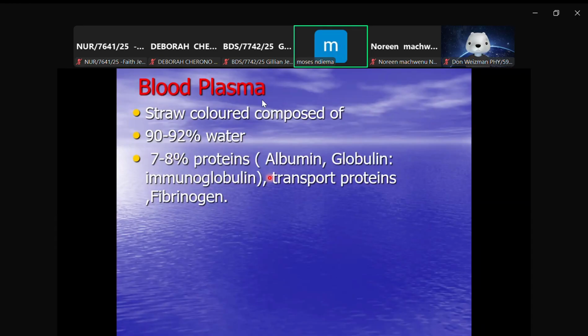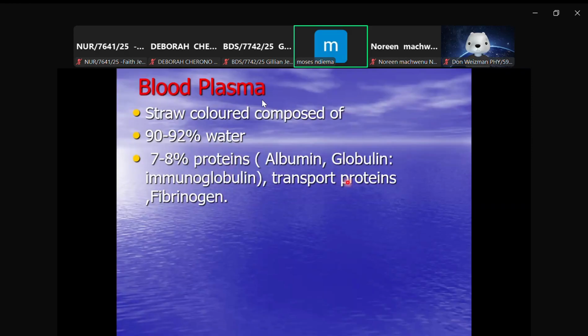We also have globulins, and these will include the immunoglobulins, which are very important in the antibody reaction. Then we have transport proteins, which are dissolved in plasma and are very important in transport of, say, hormones and other substances. And then fibrinogen, which is very important in clotting. So those are the proteins.